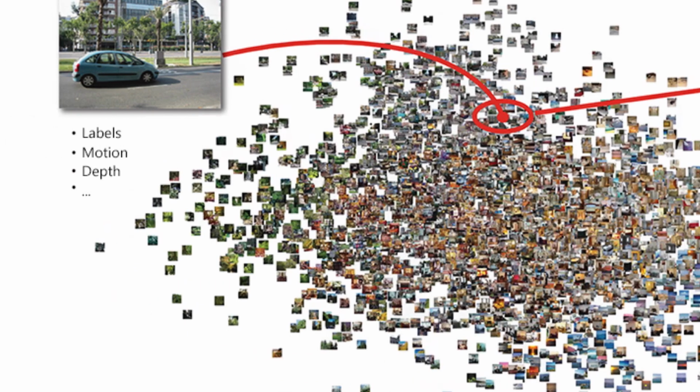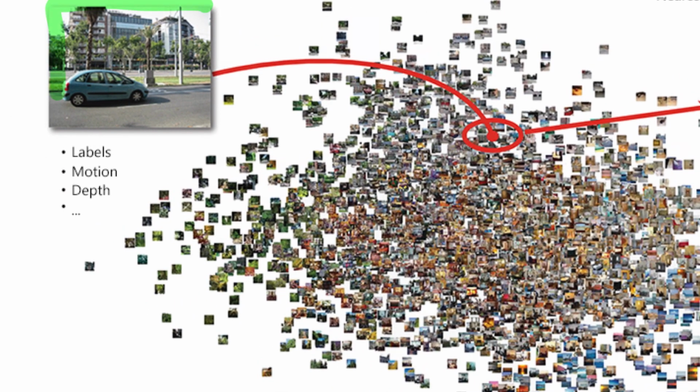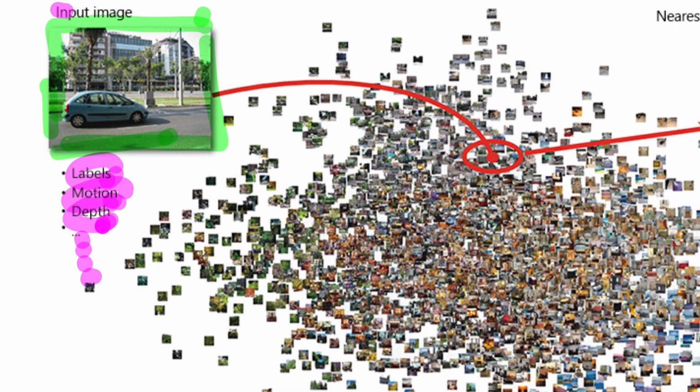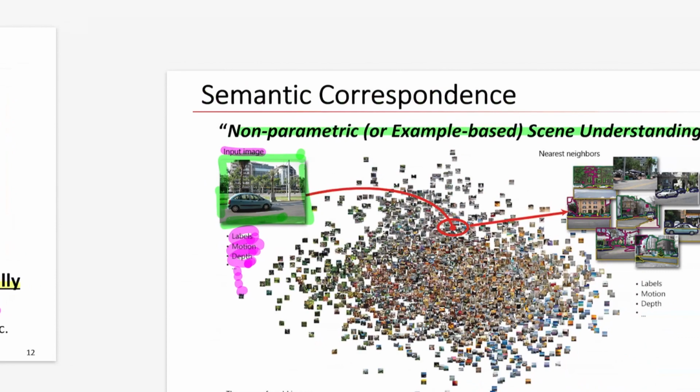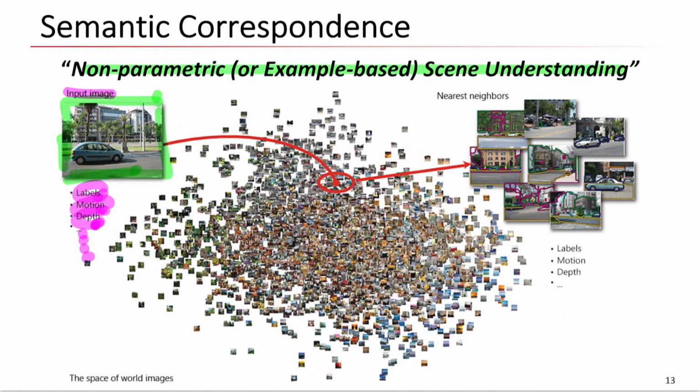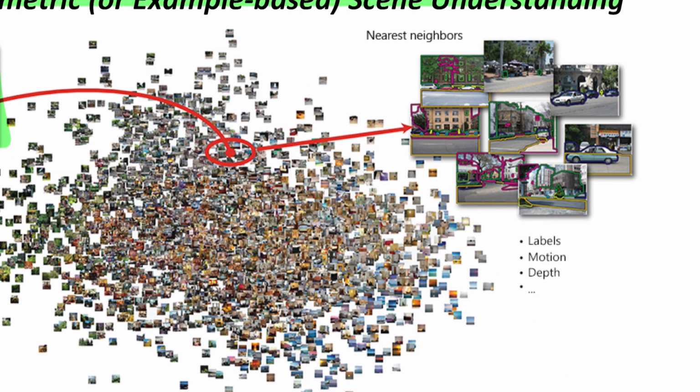We have so many image data, right? Then here is our image. We want to analyze the label or depth or something like this, but we only have a single image, right? But in some nearest images, they already have some label, motion, or depth information like this, right?